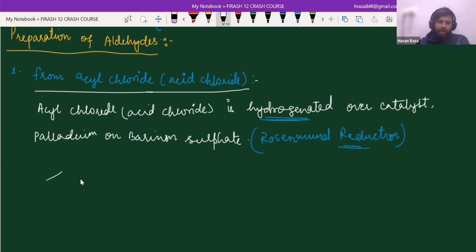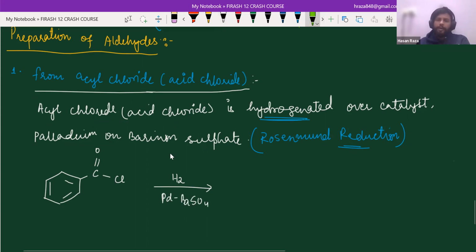So acyl chloride, I am going to write it. So it will be like this. C double bond O and here Cl and it is H2, Pd, BaSO4. So what will happen here?